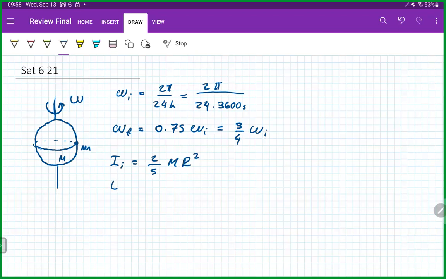And then the final, so after we got the asteroid there, we have 2/5 m r squared, the Earth, plus m r squared, right? So the mass of the satellite, and this is r, right? The radius.